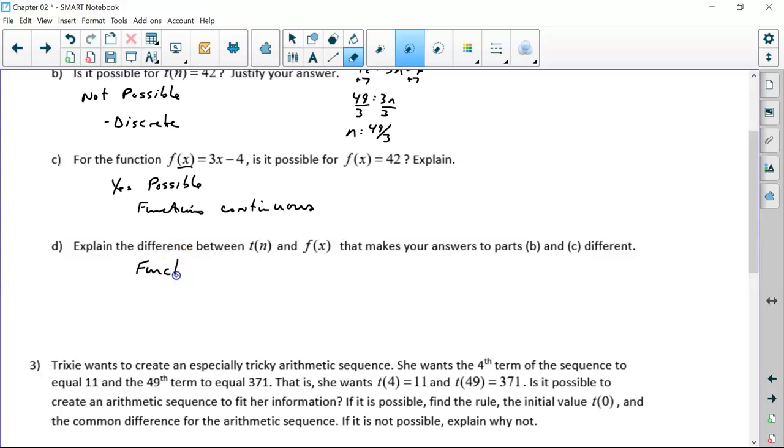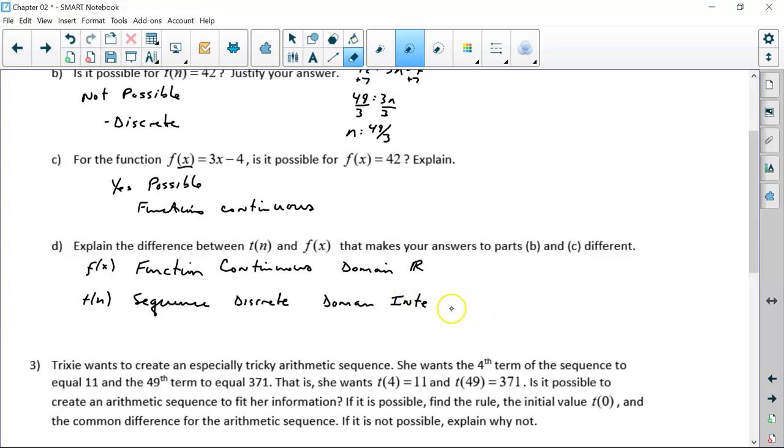For a function, the domain is all real numbers. x can be any real number. But for T of n, our sequence, it's discrete. The domain is only integers. Our values for n have to be an integer. And an integer is a positive and negative whole number, including 0.